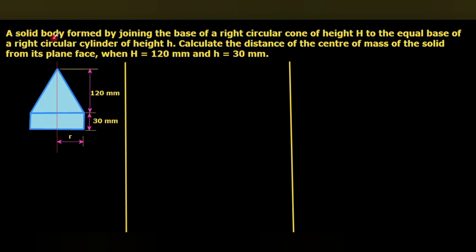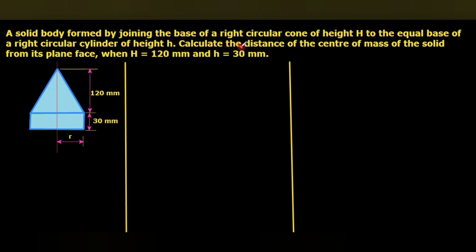A solid body is formed by joining the base of a right circular cone of height capital H to the equal base of a right circular cylinder of height small h.